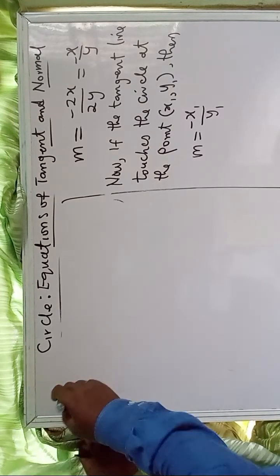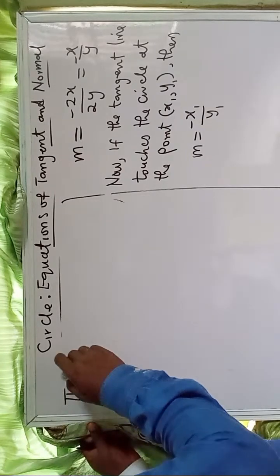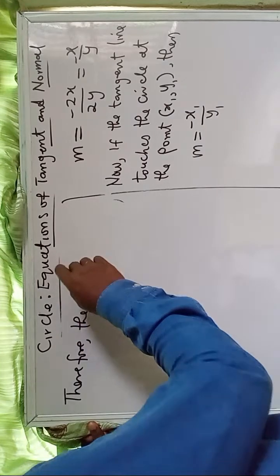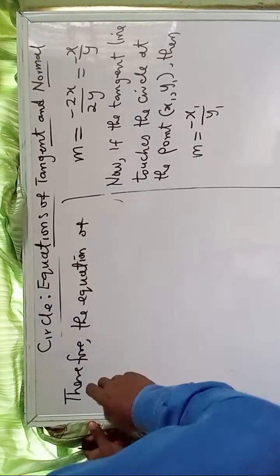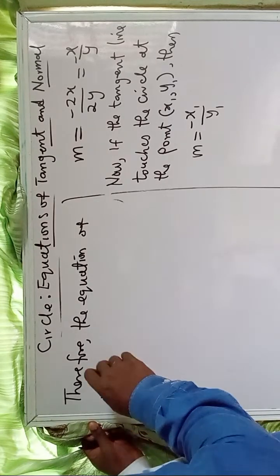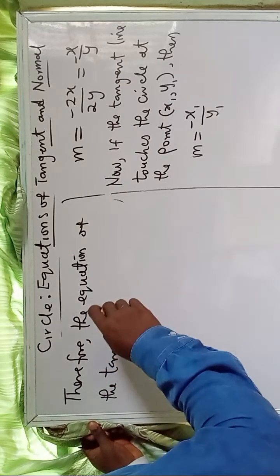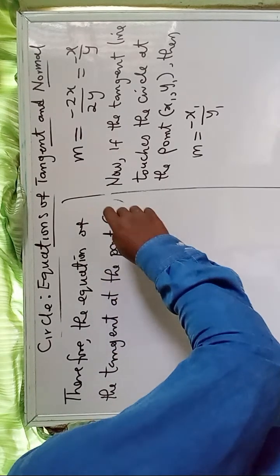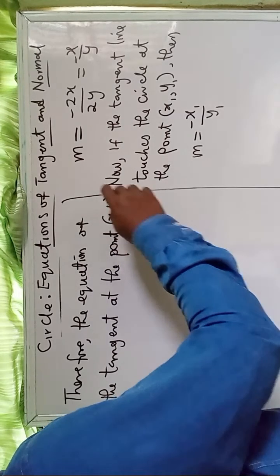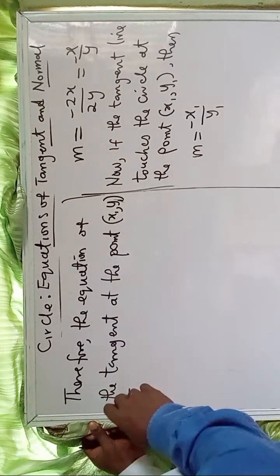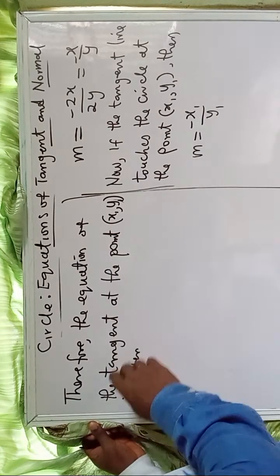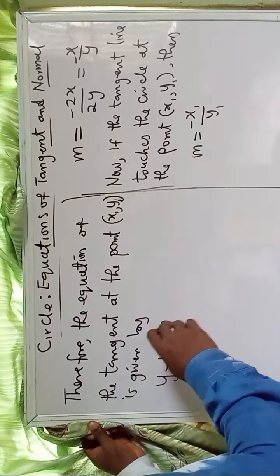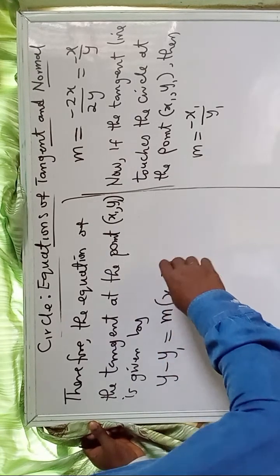We say therefore the equation of the tangent at the point x1, y1 is given by y minus y1 equals m times x minus x1.